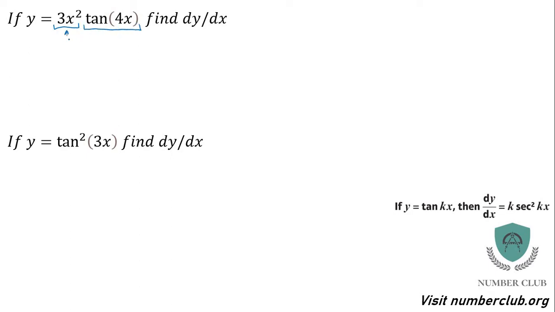I'm going to let this be u, and I'm going to let this be v. So u will equal 3x squared, and so du by dx will equal 6x, and v will equal tan of 4x, which looks really scary, but it's really easy to differentiate, especially when it's written here.